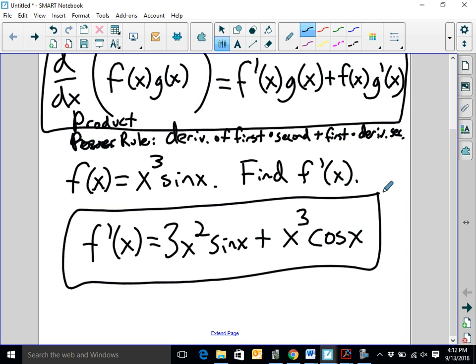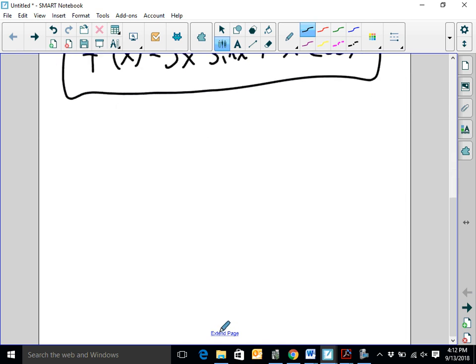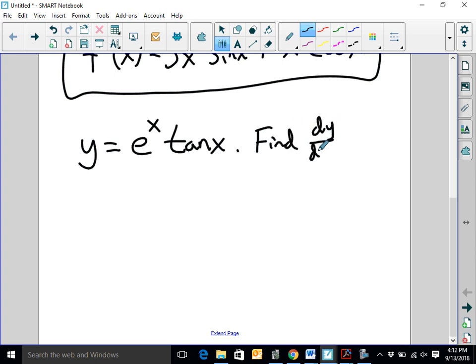Okay, I'm going to put another example up here. After I put that example up, I want you to pause it and then try solving it yourself. Okay, using a different notation here, I'm saying y equals e to the x tan x. Find dy dx.